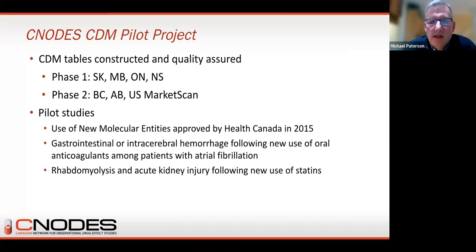And in the course of this project, we spent several months developing the common data tables at each site. Sentinel provided us with QA packages that allowed us to run SAS code against the tables to make sure the contents was accurate, that outliers were dealt with, and so on.